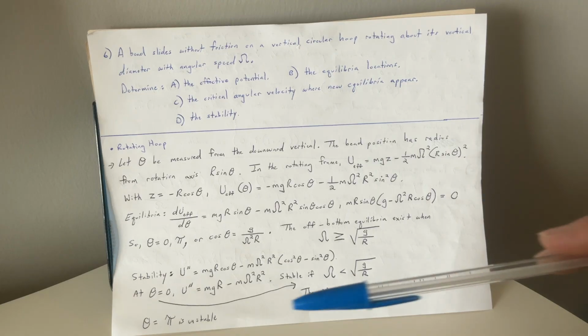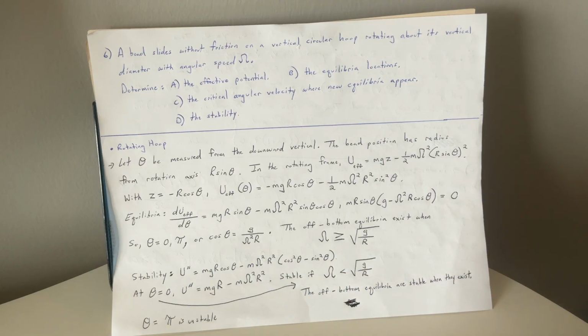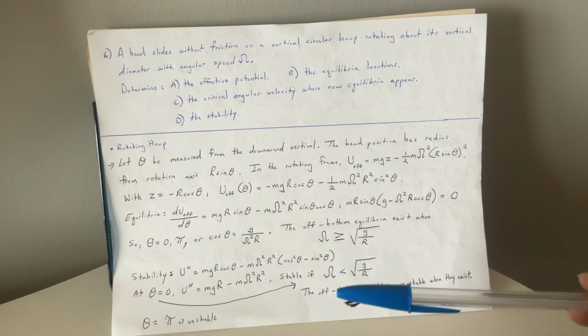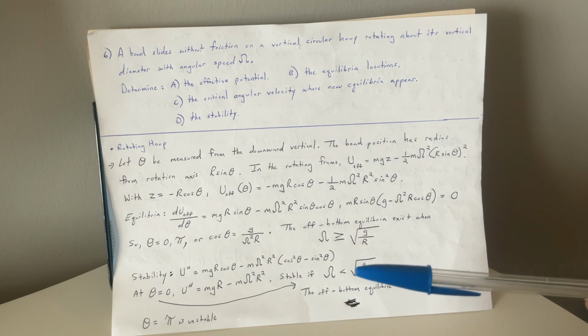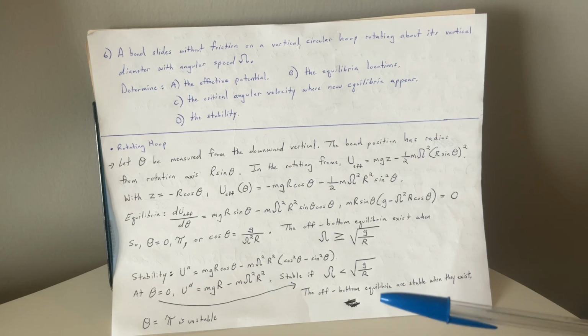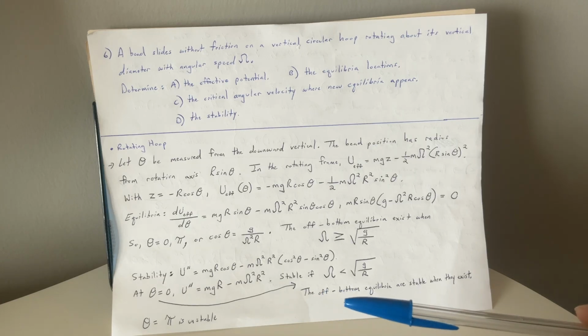So at theta equals 0, it's stable if omega is less than the square root of g over r. And we could say off-bottom equilibria are stable when they exist. And to add to this, theta equals pi is going to be unstable. Okay, so that's part 2.